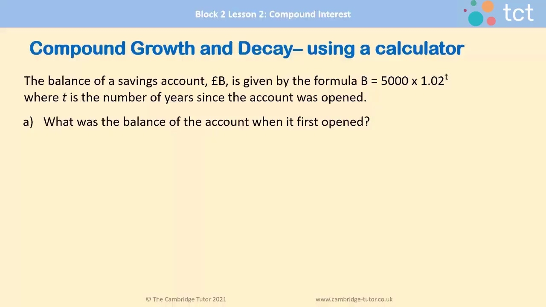This is really just checking your understanding of what the formula means. If you remember that that initial amount is what was in there to start with, and that's always in the formula, the initial amount is 5,000, so that's how much was in the account when it opened, £5,000.